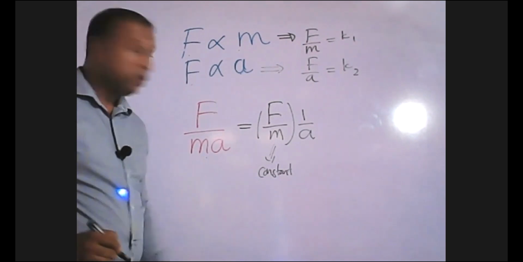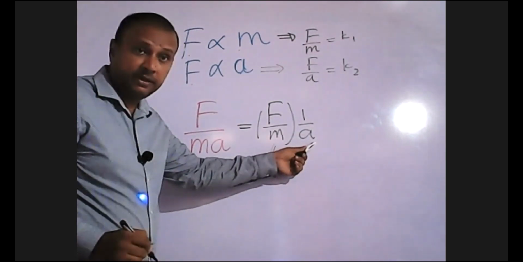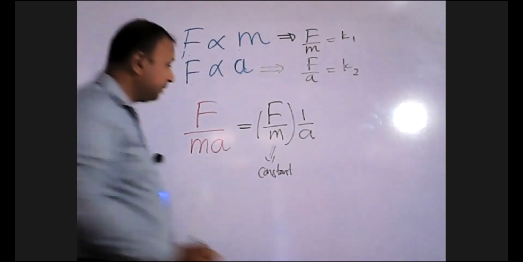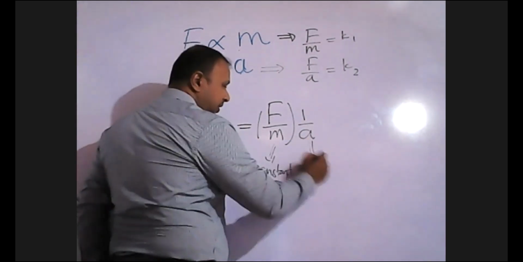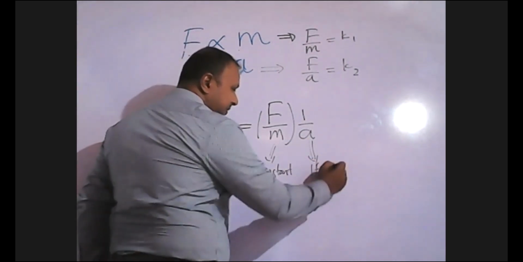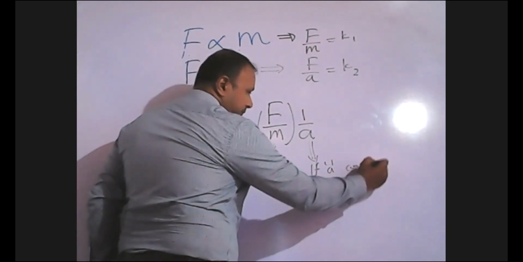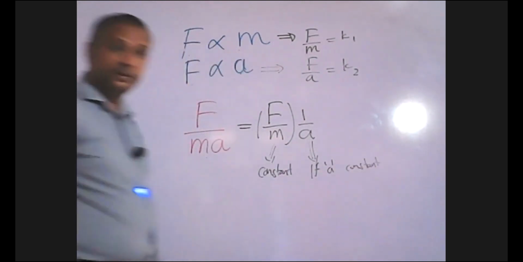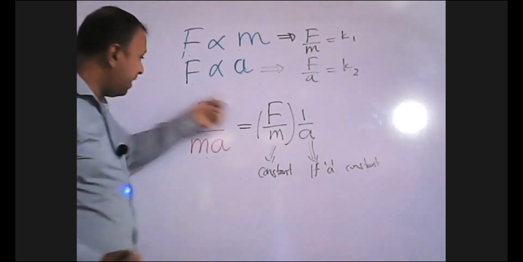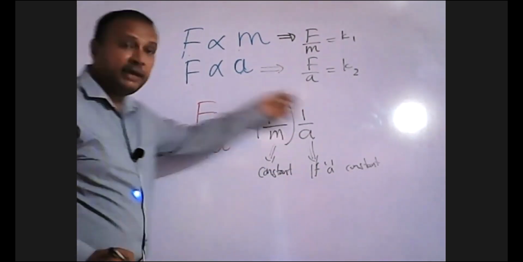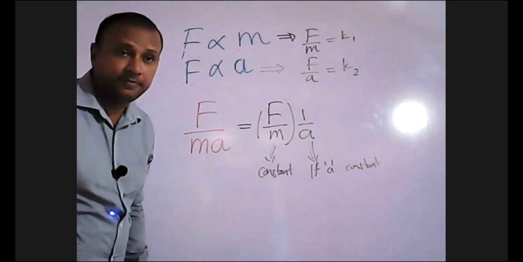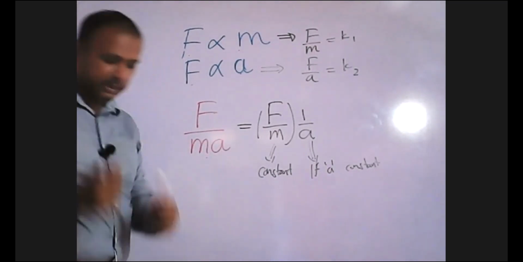This is a constant. So if A is a constant, then this is also a constant, and definitely the entire term becomes a constant. Right? The entire term becomes a constant.